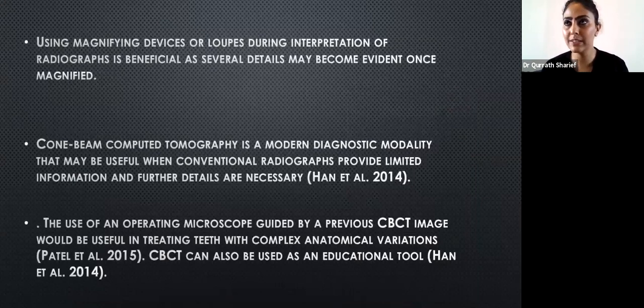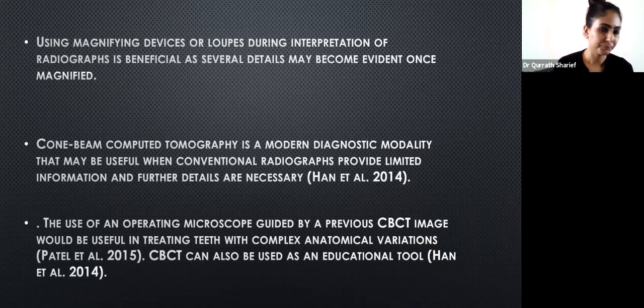But apart from this, it's very, very important that you have certain equipment. You should have certain armamentarium like loupes or a microscope, nothing better than that. It becomes easier for you to understand the internal anatomic variations. If you have a loupe varying from 2.5 to 3.5x, it's the best tool.